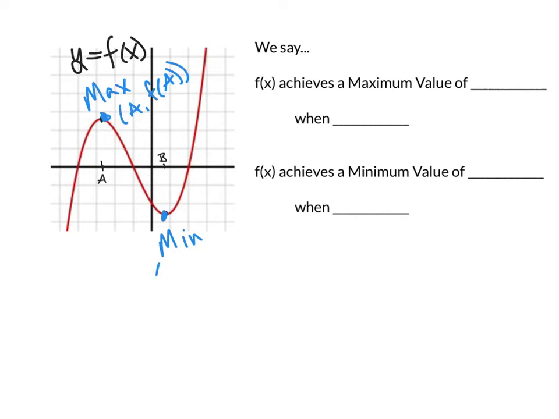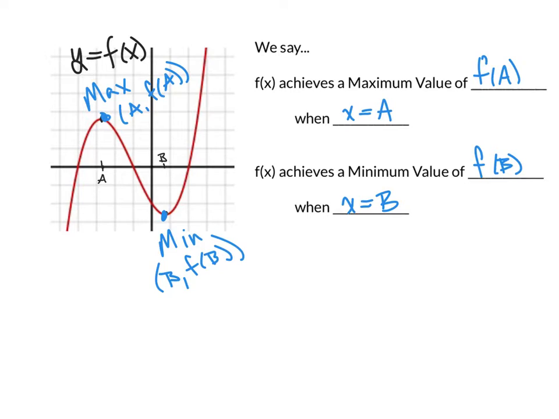Similarly, for that minimum, the x-coordinate is B, so the y-coordinate is going to be f of B. When we're talking about a maximum value, we refer to the value as the y-coordinate, so f of A, and that occurs when x is equal to A. f of x achieves a minimum value of f of B when x equals B.